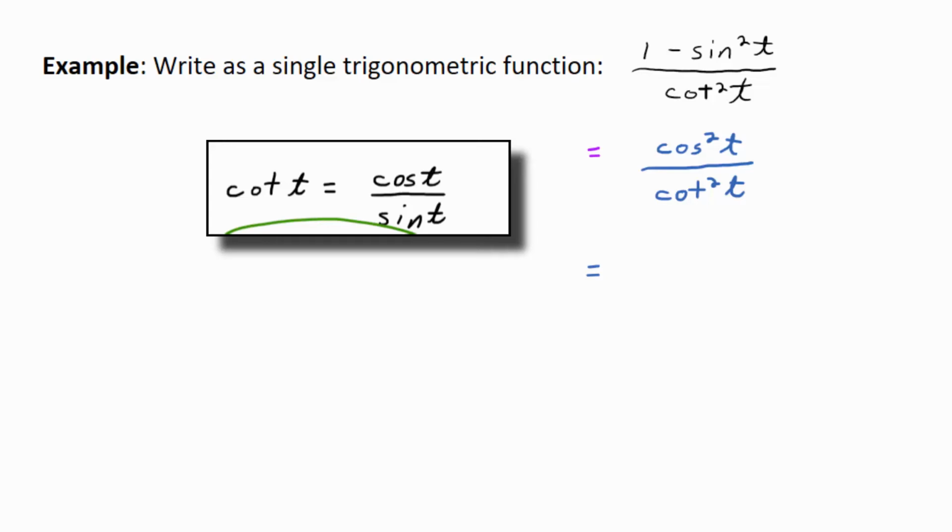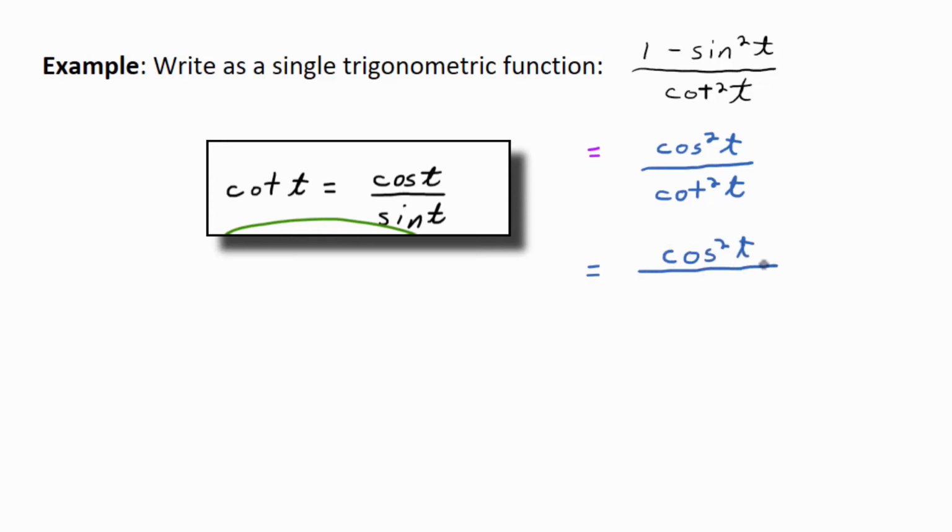So then here's the big idea for that. If cotangent is cosine over sine, then what's cotangent squared? Cosine squared over sine squared, because the exponent of 2 splits up over division. So I'm going to leave the top the same, cosine squared t.